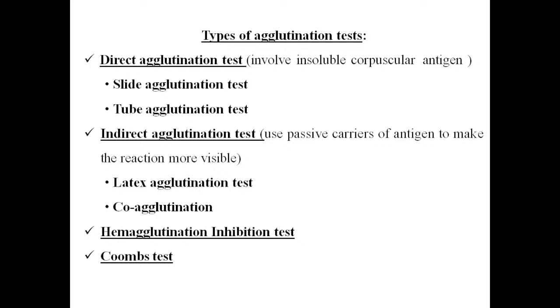Indirect agglutination tests are used when amount of antibodies in human serum is very, very low. It includes latex agglutination test and co-agglutination. Another type of agglutination test is hemagglutination inhibition test, and the last one is Coombs test.